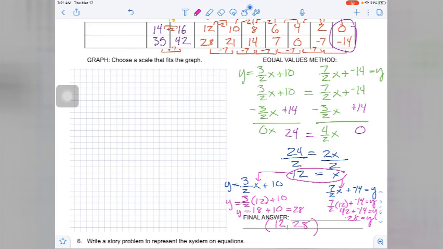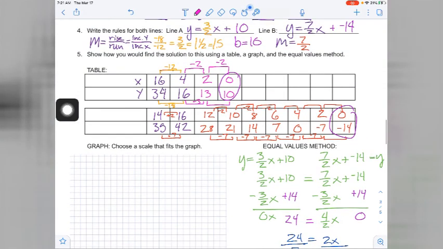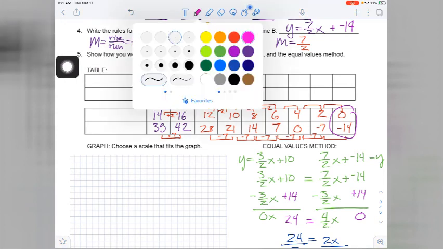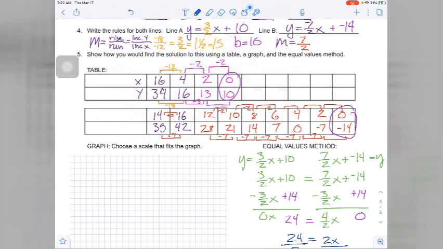But it's not good enough to just find the final answer. We're supposed to show how we found it in all of the places. So I'm going to go through the table until I get to 12, and I know that when I go down 2 here, I go down 3 on the other one. If I start at 16, I already know that 16 and 34 are a point on the line.